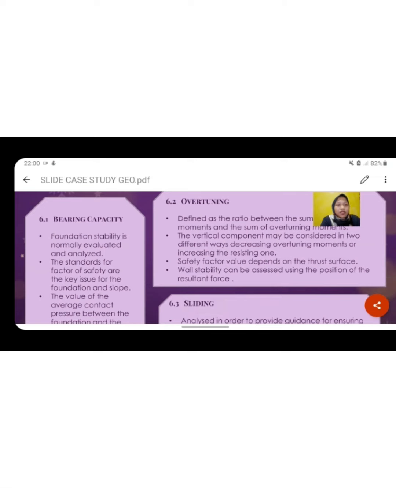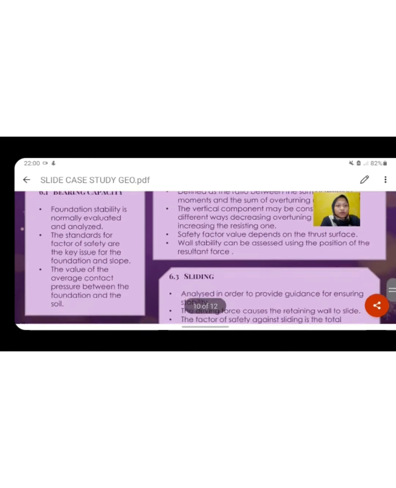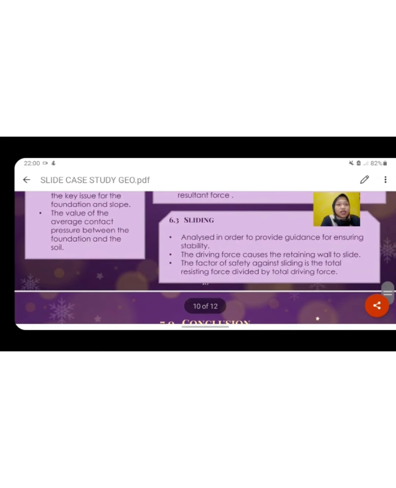Wall stability can be assessed using the position of the resultant force. Sliding. Sliding is analyzed in order to provide guidance for ensuring stability. The driving force causes the retaining wall to slide. The factor of safety against sliding is the total resisting force divided by the total driving force.